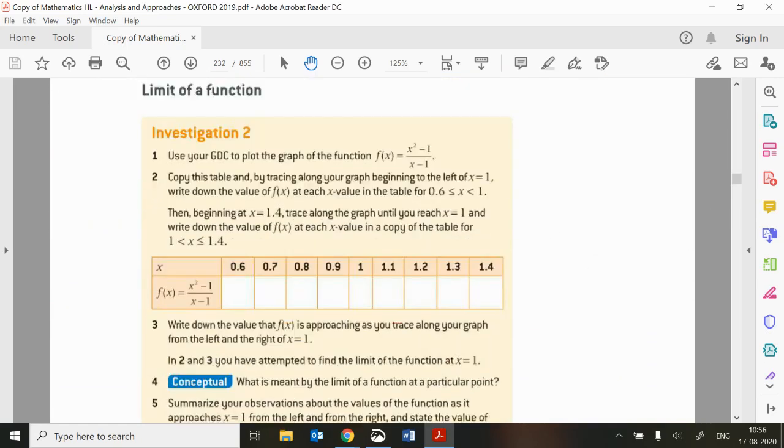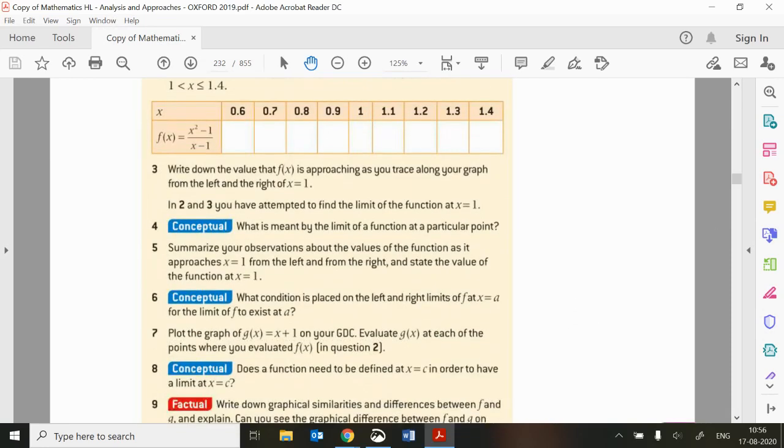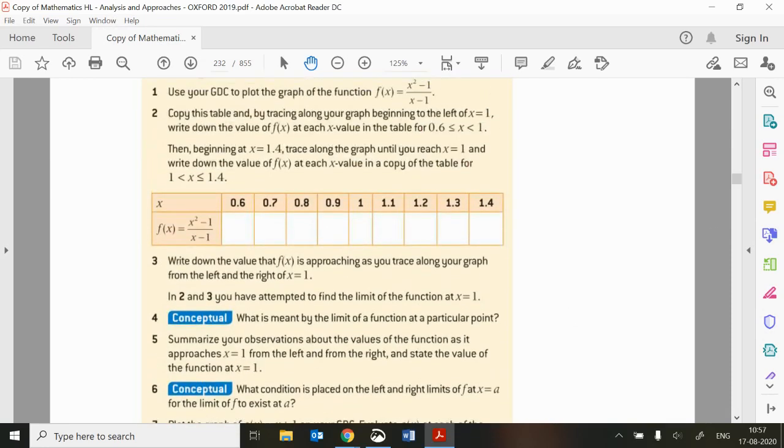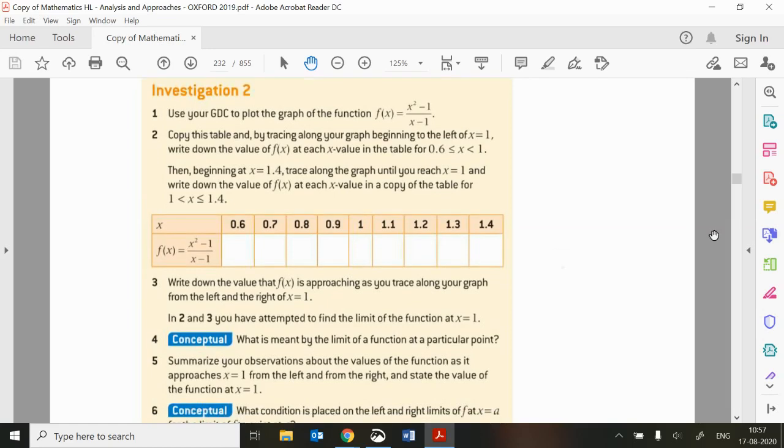Okay, limits of functions. So limits of functions, and again, there's another investigation here. Let's discuss this one briefly too. Still not getting to the questions. And so they're saying, use your GDC to plot the function of x squared minus 1 divided by x minus 1.